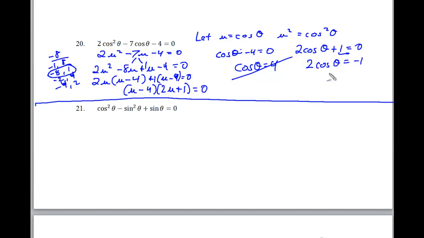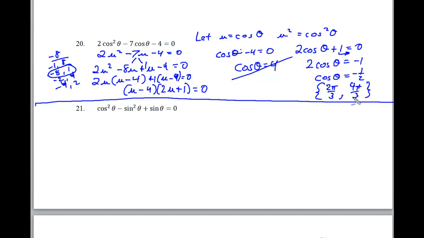I'm also going to then divide by 2, so cosine of theta equals negative 1/2. And if we look at our unit circle, we should have 2 instances of this. The first instance is 2 pi over 3, and the second instance is 4 pi over 3. So there we go. There are our 2 answers.